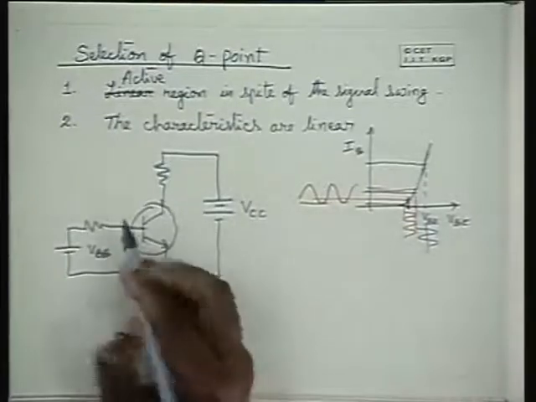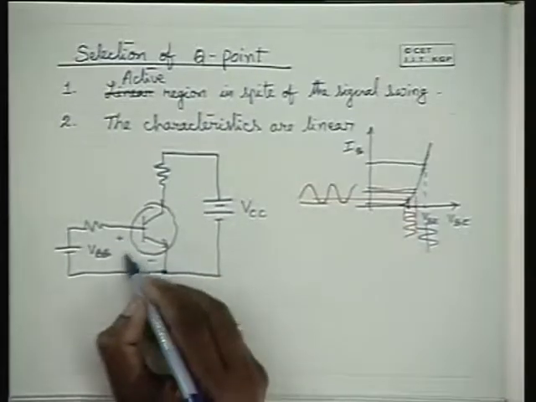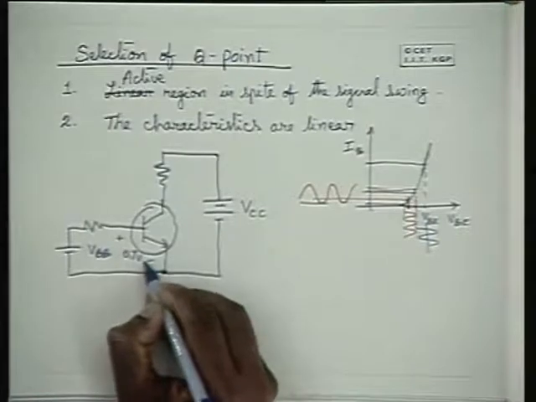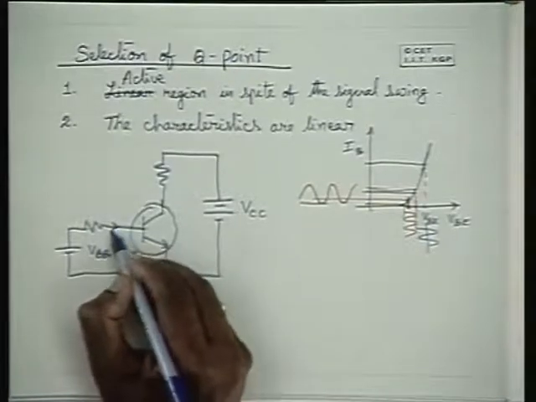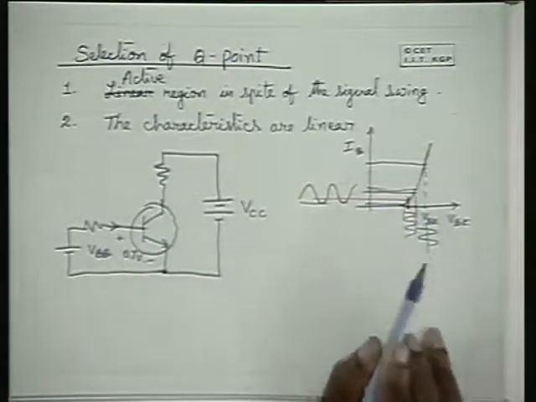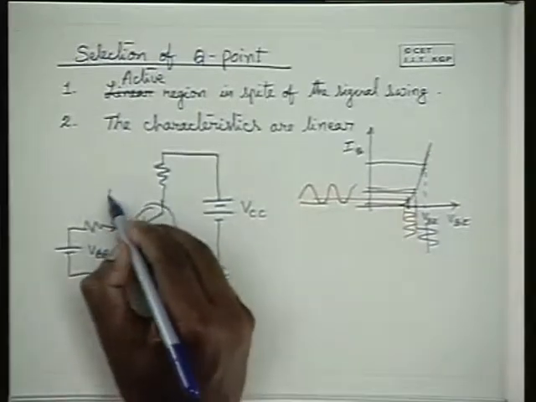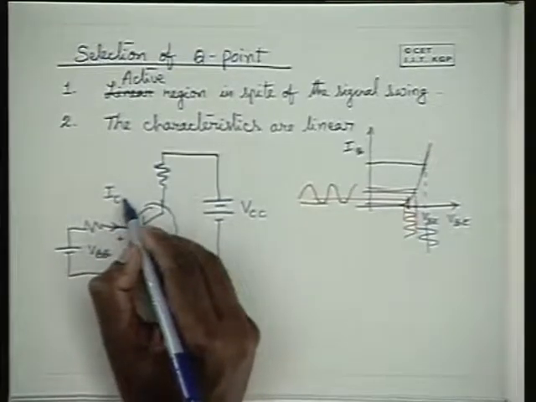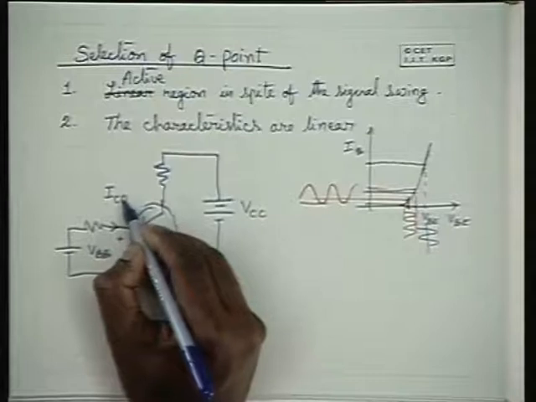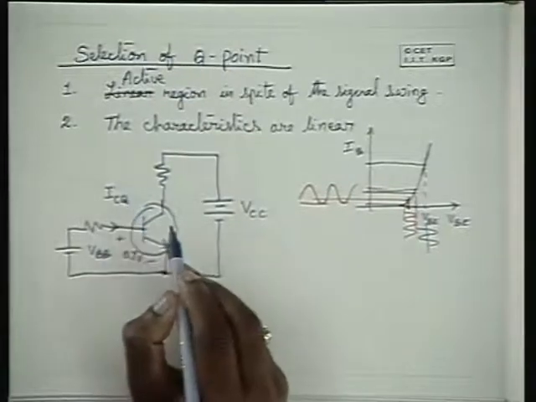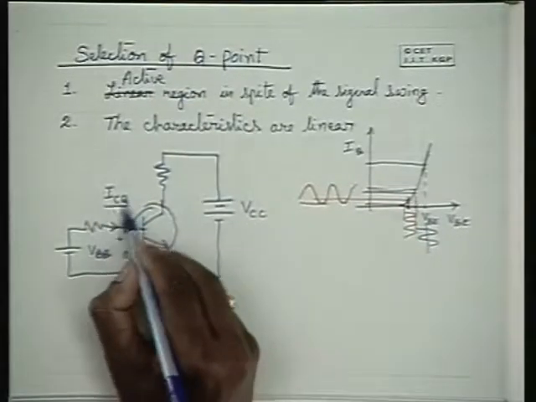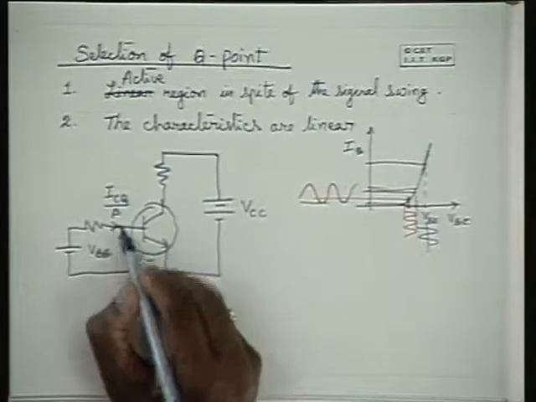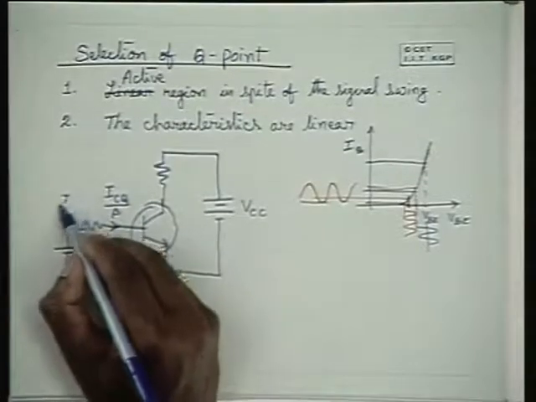What are the requirements? I repeat, the requirement is that VBE should be about 0.7 volts. The base current should be the required quiescent collector current, let us call it ICQ, Q indicates quiescent, divided by beta, which is the IBQ.